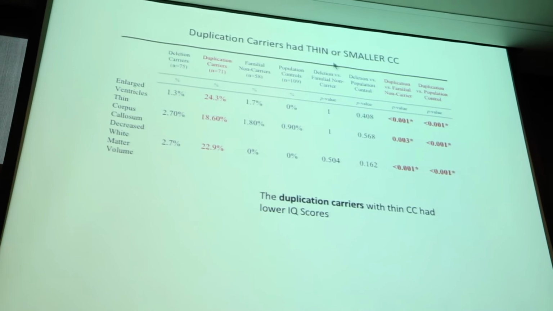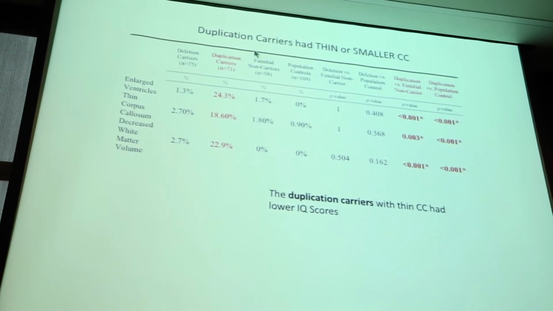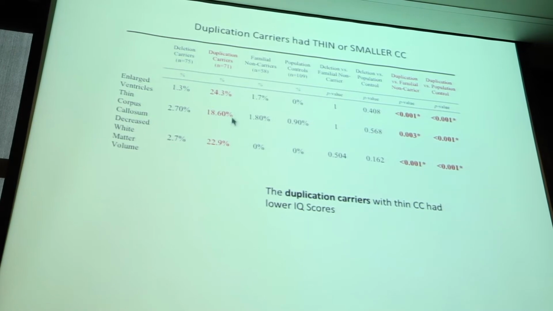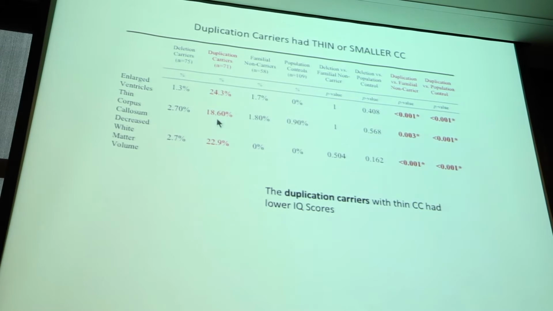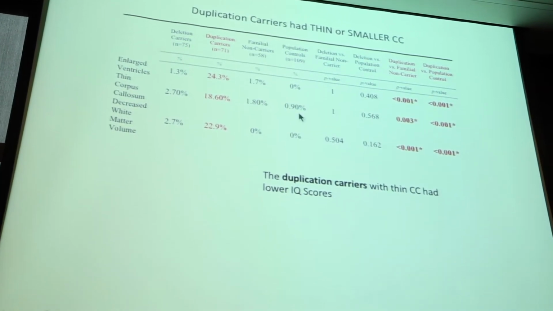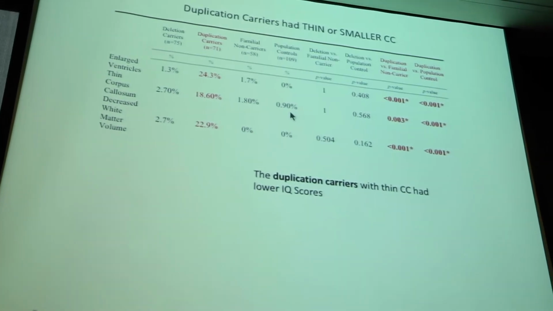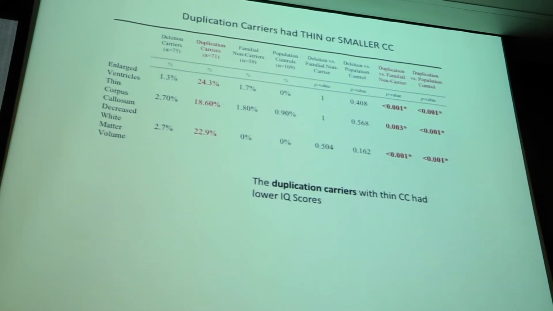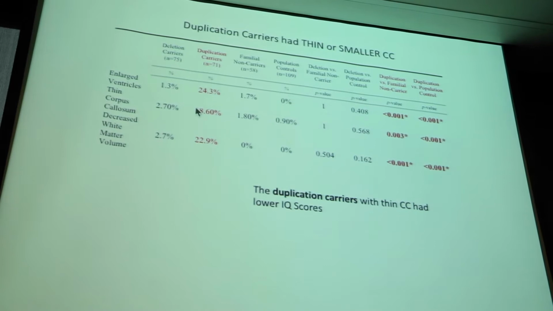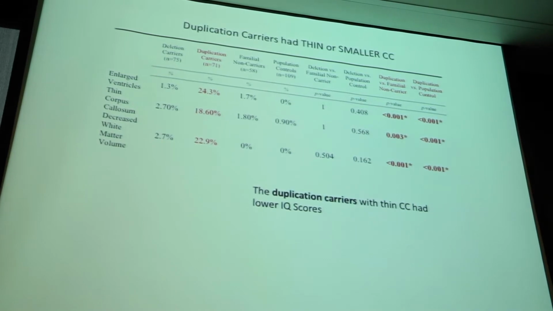So if we're looking at a thin or smaller corpus callosum, approximately 20% of the duplication carriers had a thin or smaller corpus callosum, whereas of population controls, only 1% had a smaller corpus callosum. That's the frequency in the general population. So you can see that that's a dramatic difference, and we wouldn't see that unless we line them up.